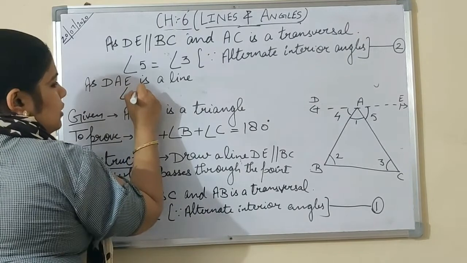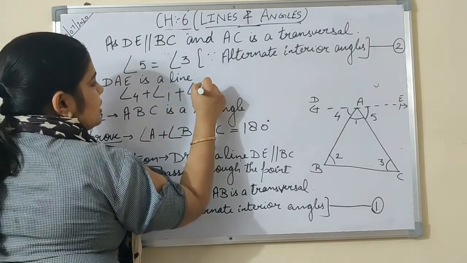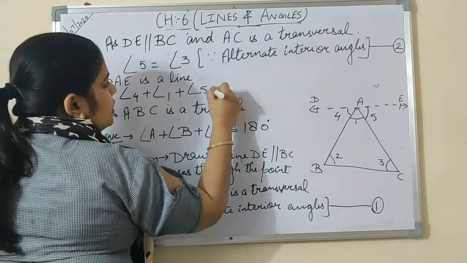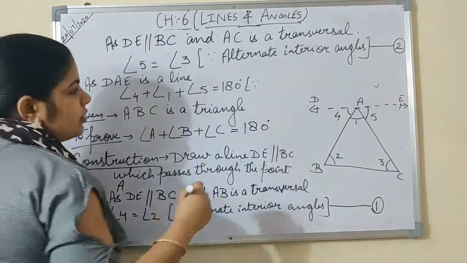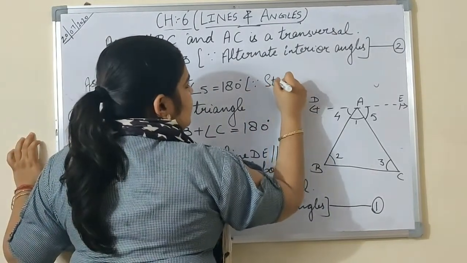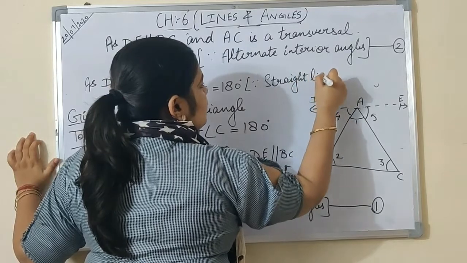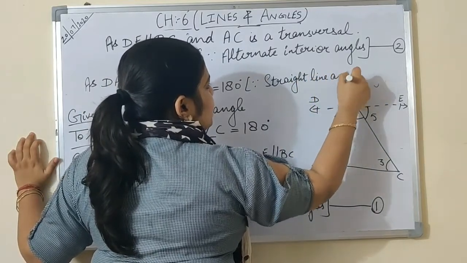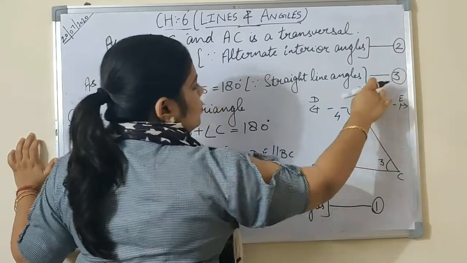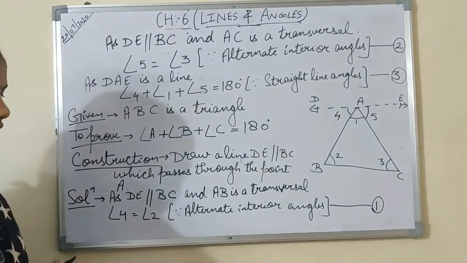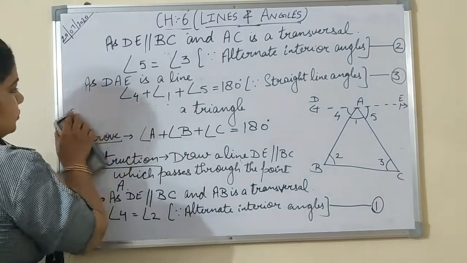That angle 4 plus angle 1 plus angle 5 is equal to 180 degrees because of the straight line angles property. So I have marked this as equation number 3.